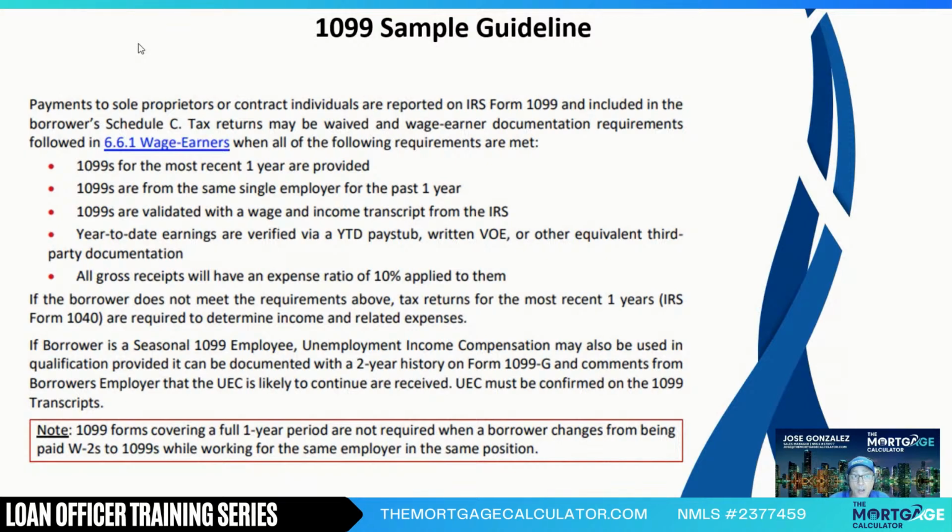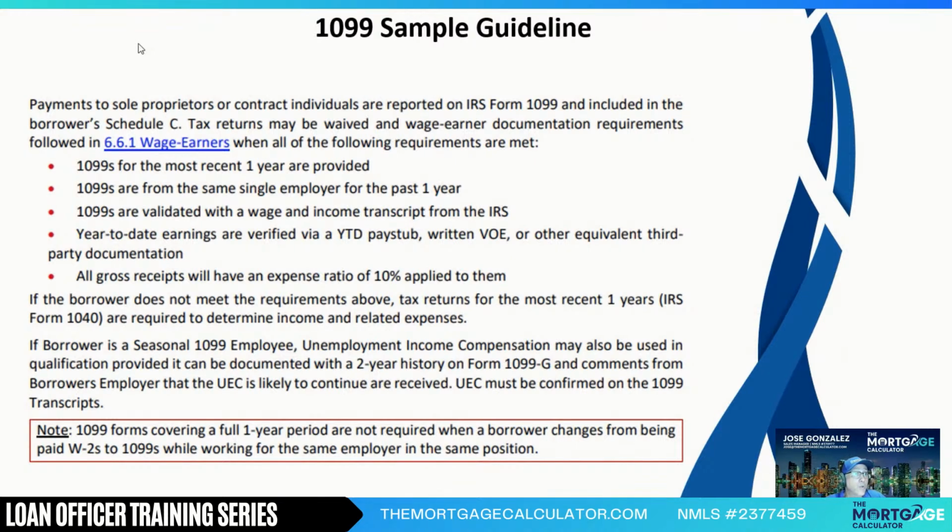And now we are further documenting that with the year to date 2024 income. So in that case, that's a great loan that was able to be put together due to the fact that we are doing this as a 1099 loan.